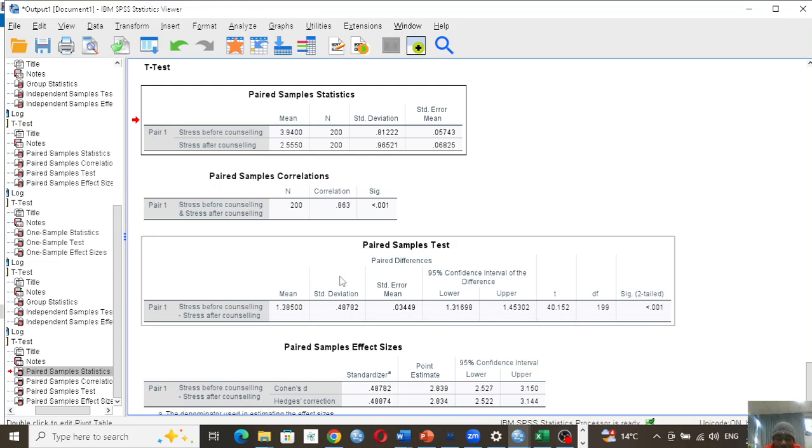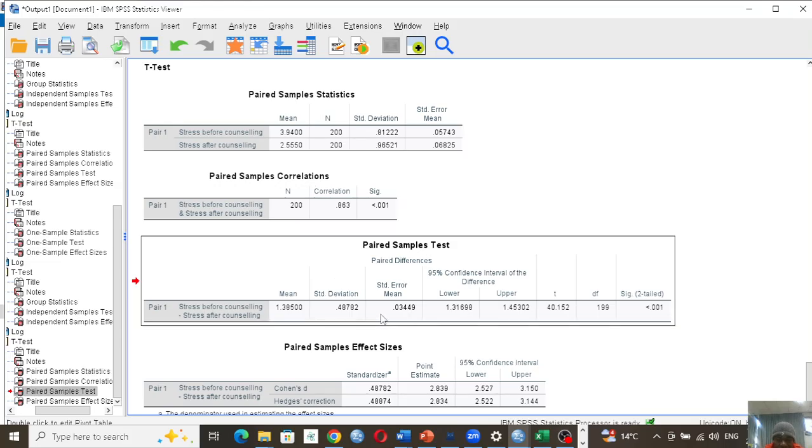So now we come here to check. This area is very important. So this becomes the mean difference, when we take this one minus that, you get what we have here. We use this one to confirm whether the difference we are seeing here is statistically significant.